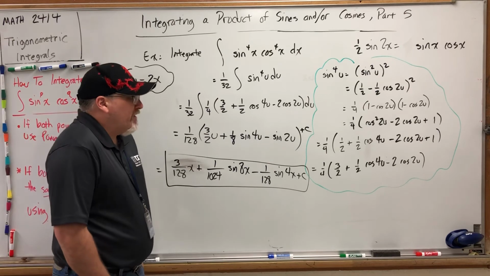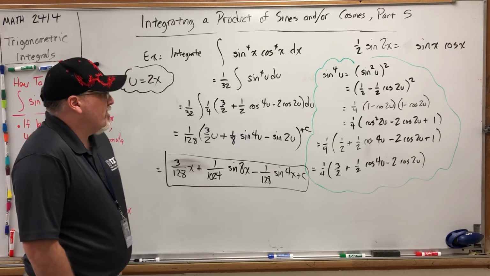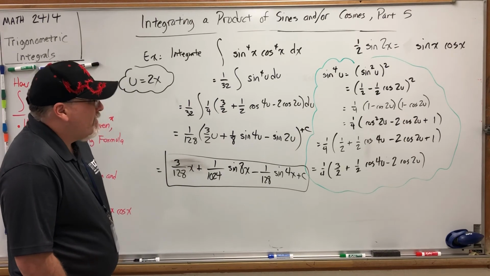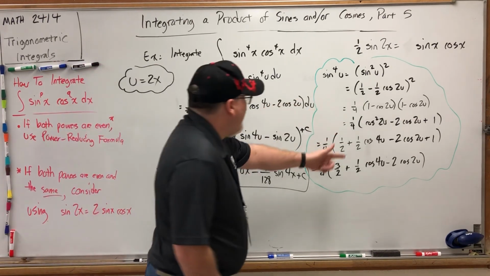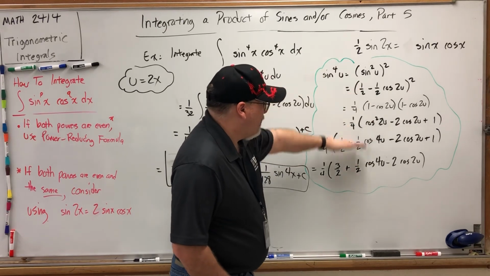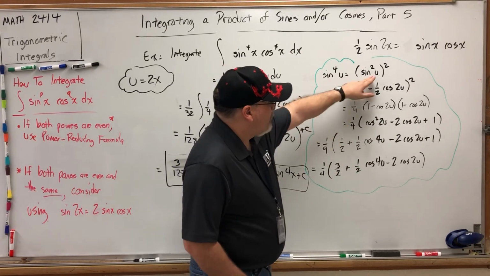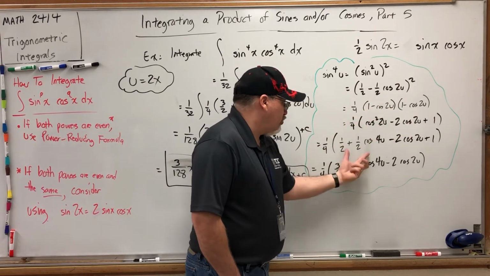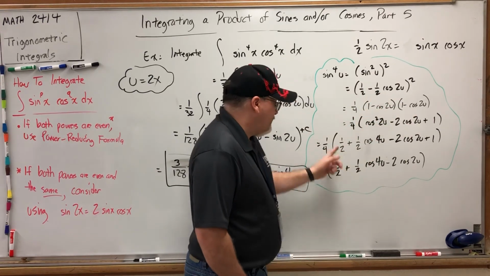If you know the basic strategy for integrating a product of sines or cosines, you're going to be okay, but you can't be afraid of the algebra, and you can't be afraid of the trigonometry. In fact, over here, it was algebra move, trig move, algebra, trig, arithmetic, because we combine these.